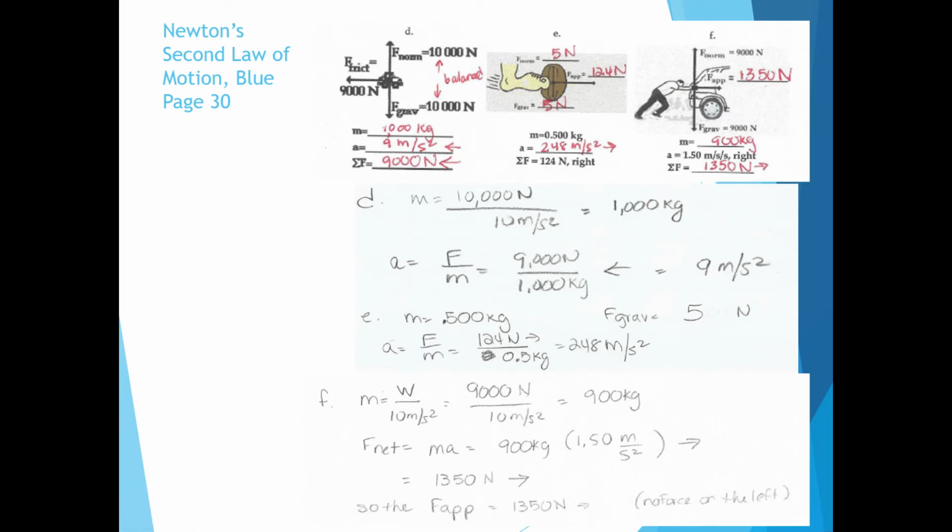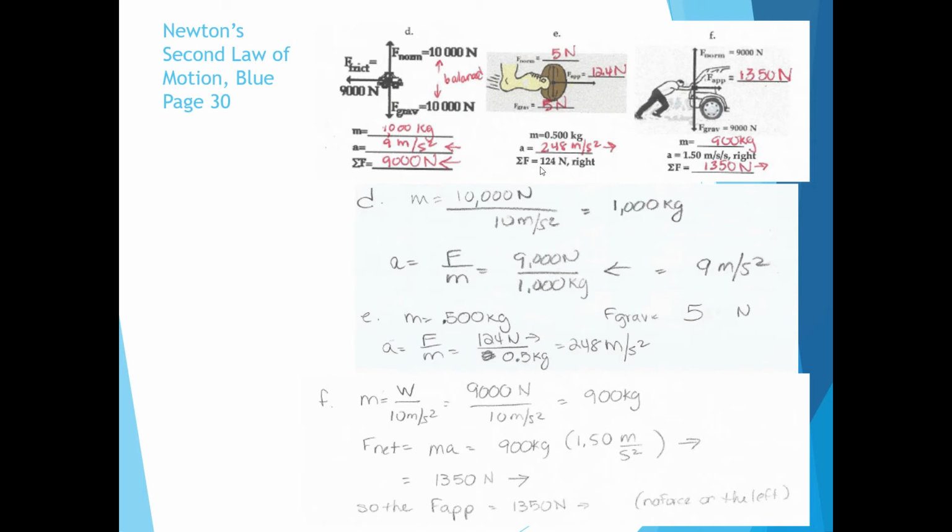So then letter E. This time we're given a slightly different variation on the original information, but again, we're doing the same thing. We have the mass is half a kilogram, and if we multiply that by 10, we get the weight, or the force of gravity. So when you multiply that by 10, the force of gravity is 5 newtons.